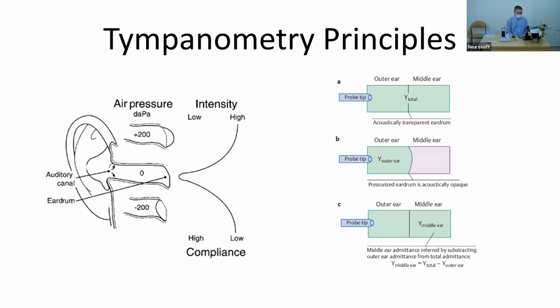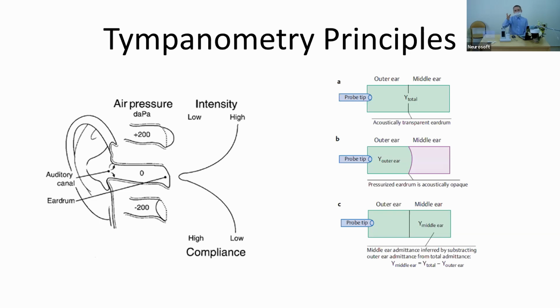And if we look at the compliance or admittance a bit to the right, the best compliance or the best ear transduction is at ambient pressure. Normally, it is at ambient pressure. So at ambient pressure, the tympanic membrane and middle ear structures offer the best sound transduction to the other parts of the hearing analyzer.